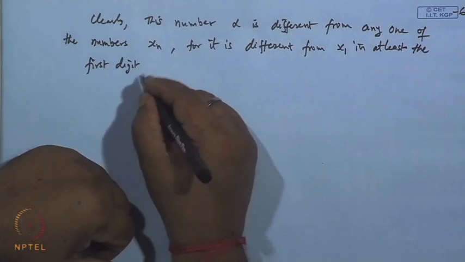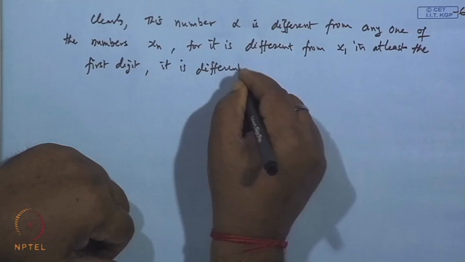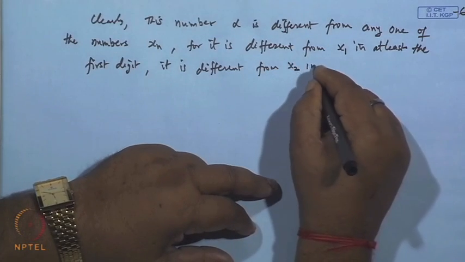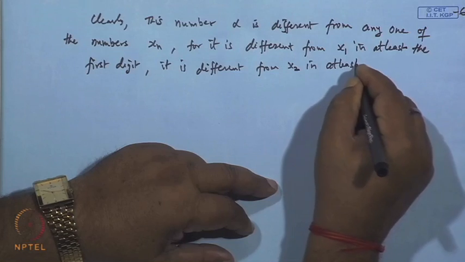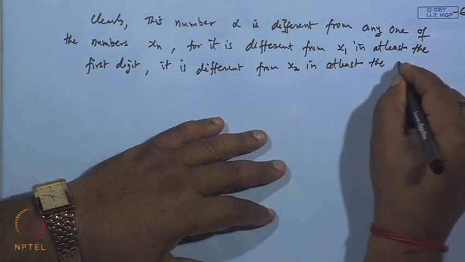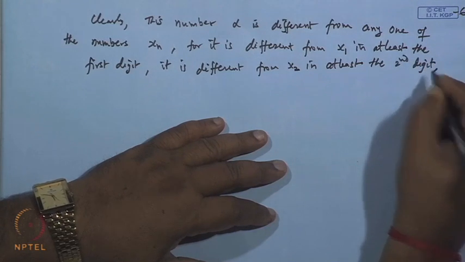It is different from x 2 in at least the second digit, and so on.